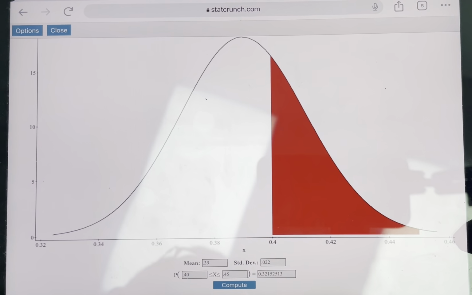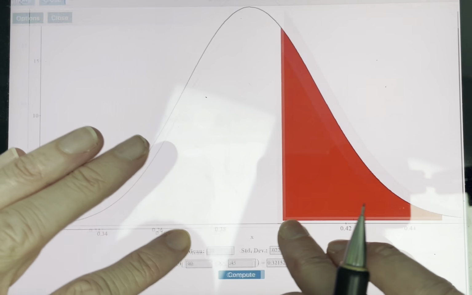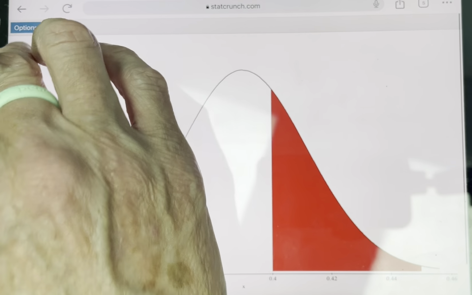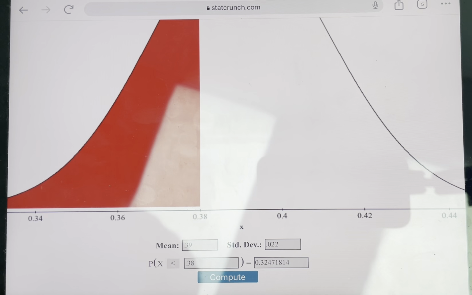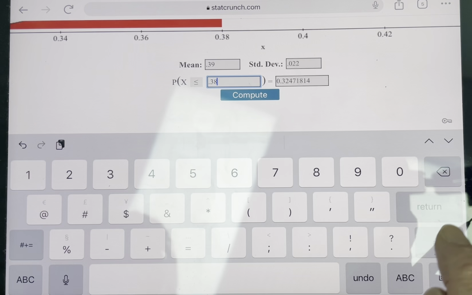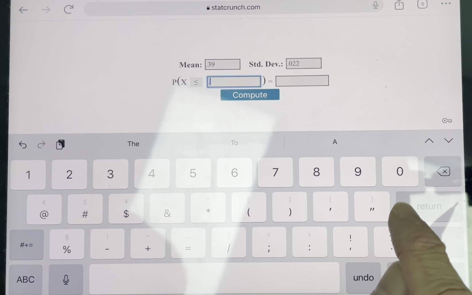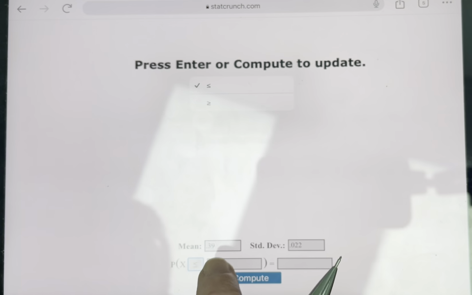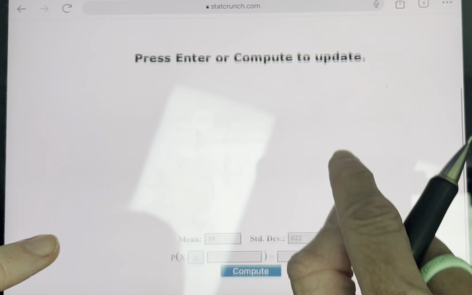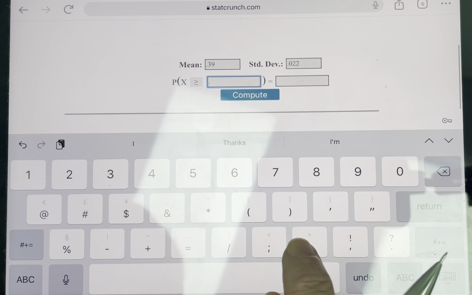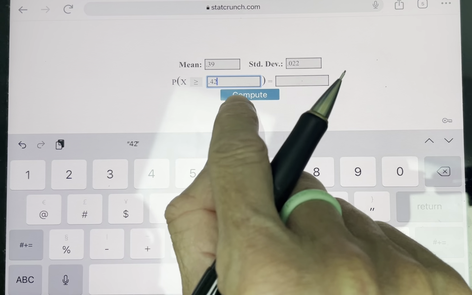We'll go back to the calculator and I have to change it to the standard option, not the between. I've got my 0.39 here, my 0.022. Now I want to know about greater than 0.42.